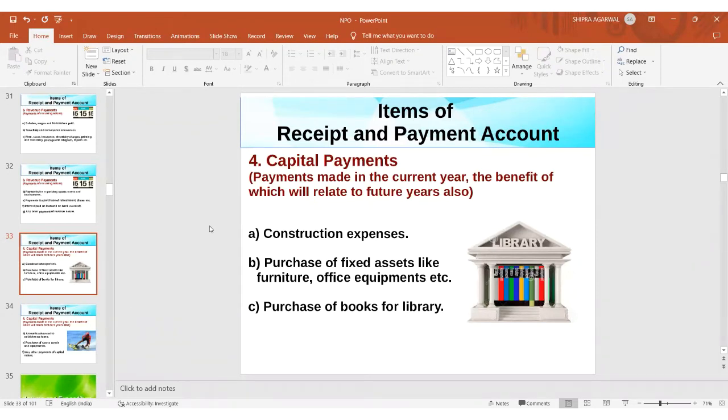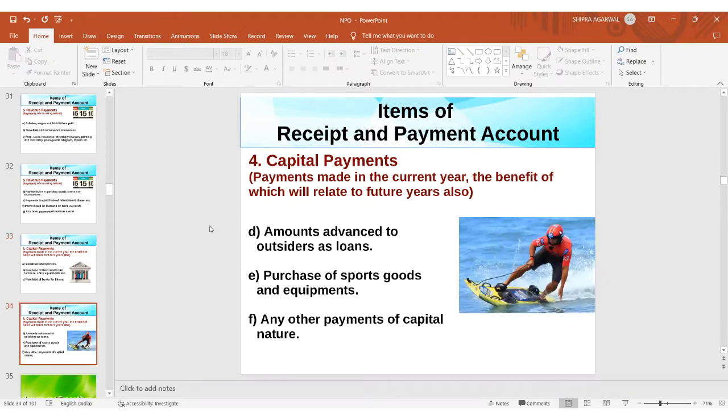Maybe construction expenses, or maybe you want to purchase a particular fixed asset, like a building or something like that, and you are not going to buy it every month. So that way, or maybe like if you have a library, so in that case we can say purchase of books for the library. That is also considered as a capital payment, because these books are to be used for a considerable amount of time.